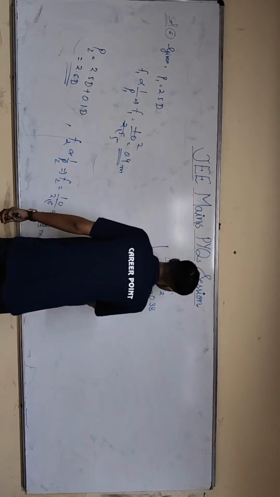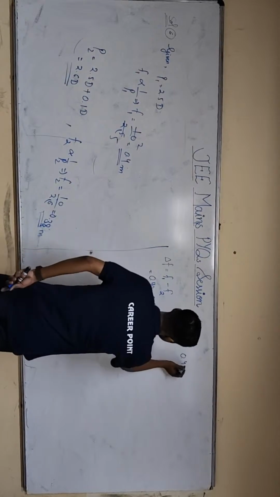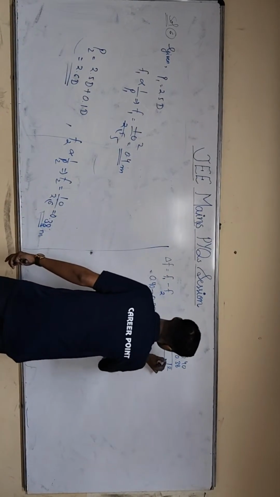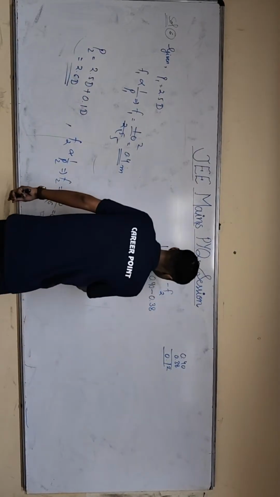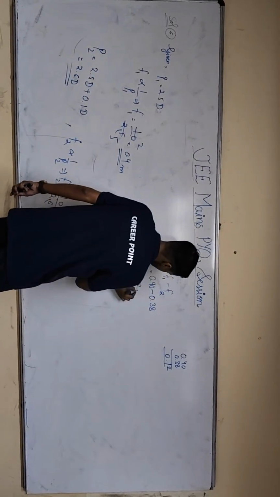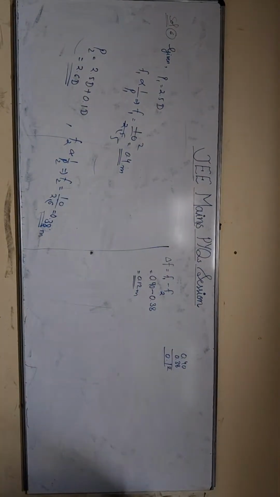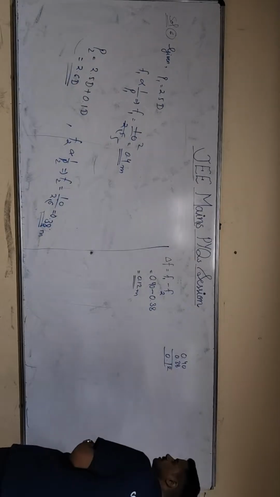So how much does it become? 0.4 minus 0.385 is 0.015 meter. I hope this is clear to you.